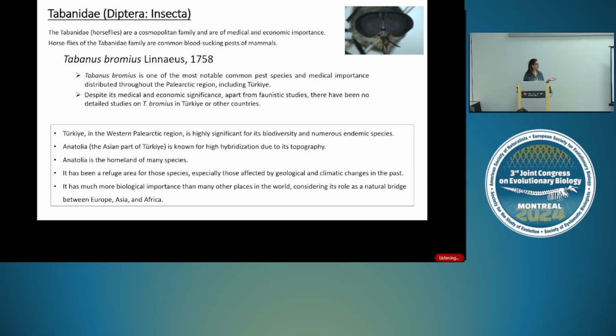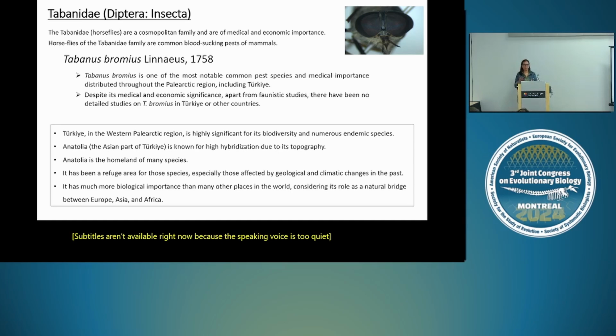Bromeus is one of the most common pest species of medical importance, distributed in the Palearctic region, including Turkey. And despite its medical and economic significance, apart from faunistic studies, there have been no detailed studies of Bromeus in Turkey or other countries.